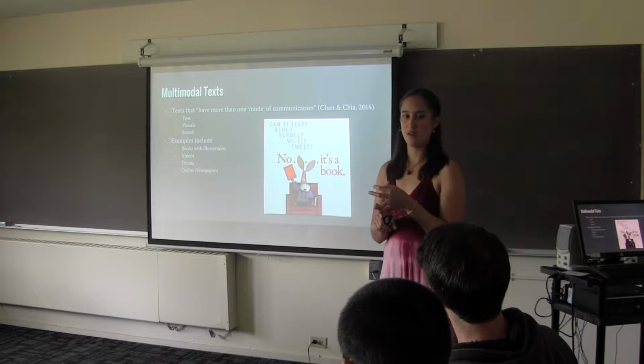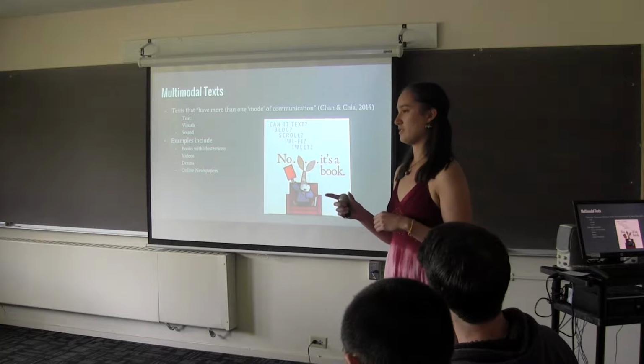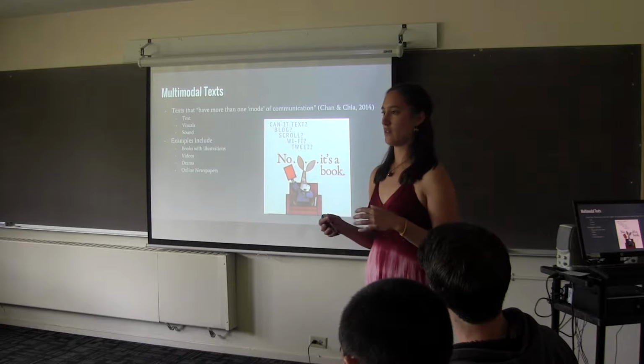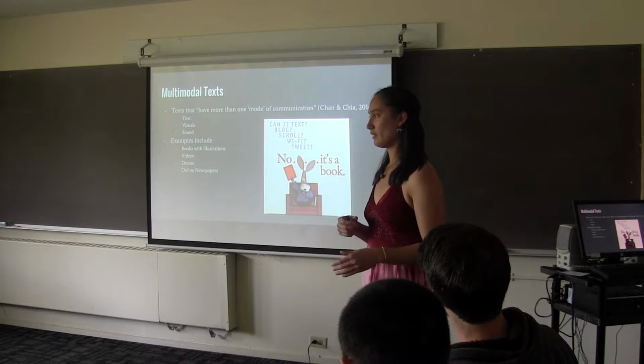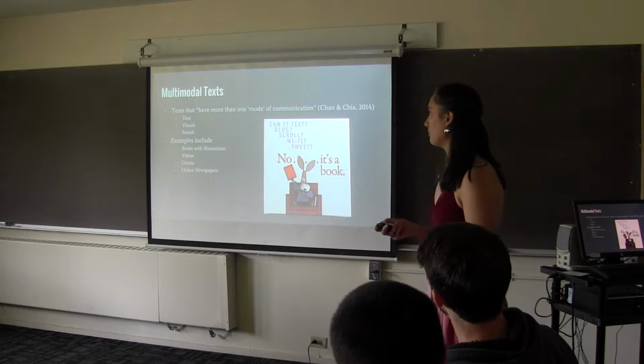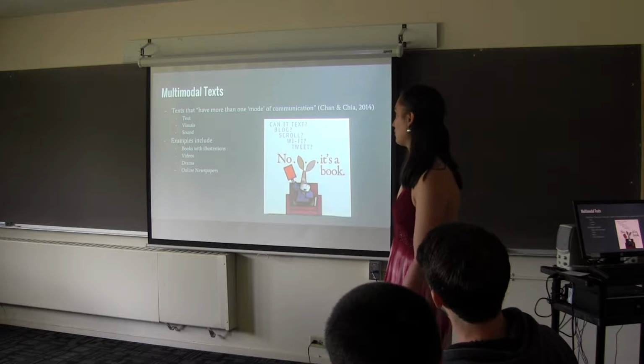Usually there's a video. Sometimes there are interactive graphs. There was one recently where I could put in my zip code and see how my school did against all the schools in the nation. Or there are surveys where you can input your information and then see how your responses track against the readership of that newspaper. So multimodal texts are texts that combine 2 or more ways of communication.